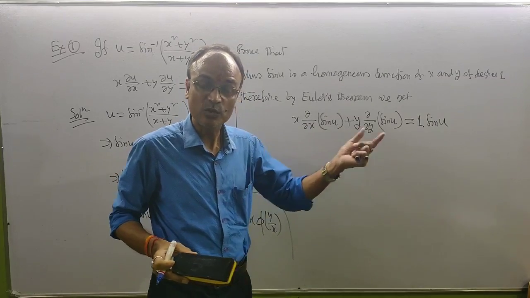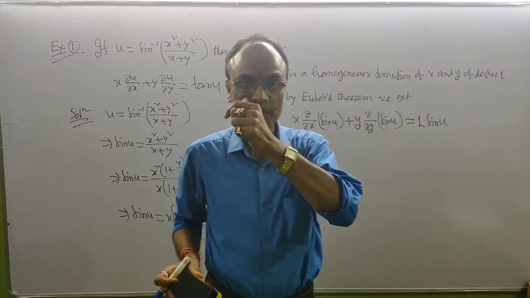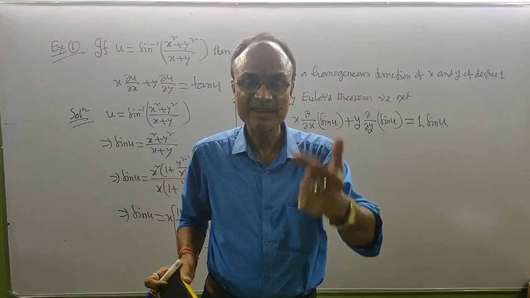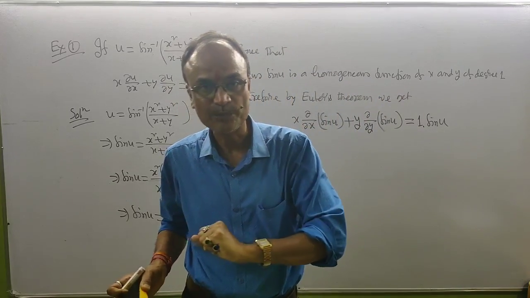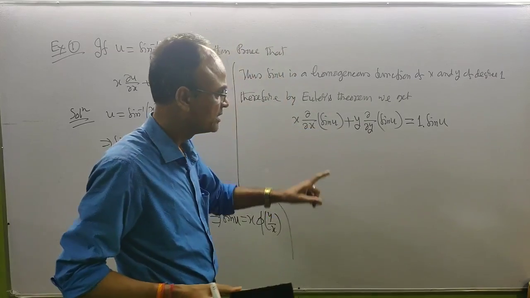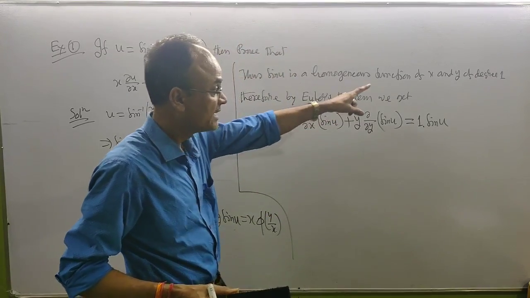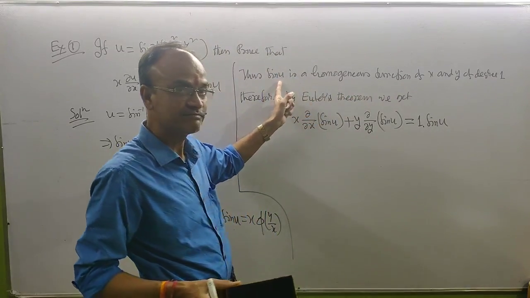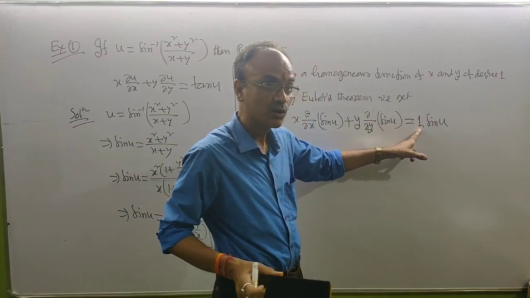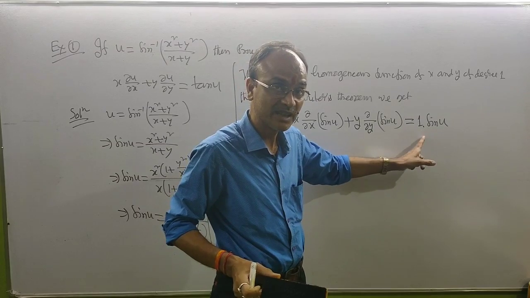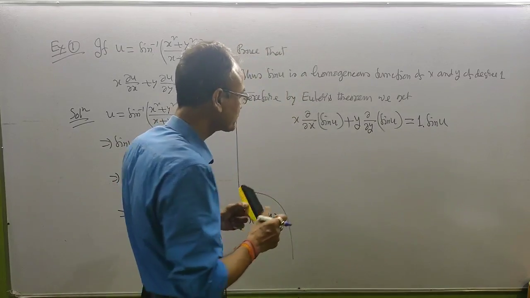Remember Euler's theorem: x del u by del x plus y del u by del y equals n times u. In place of u, you should write sin u, because here sin u is a homogeneous function, not u. Sin u is a homogeneous function of degree 1. Therefore, for n we have written 1.